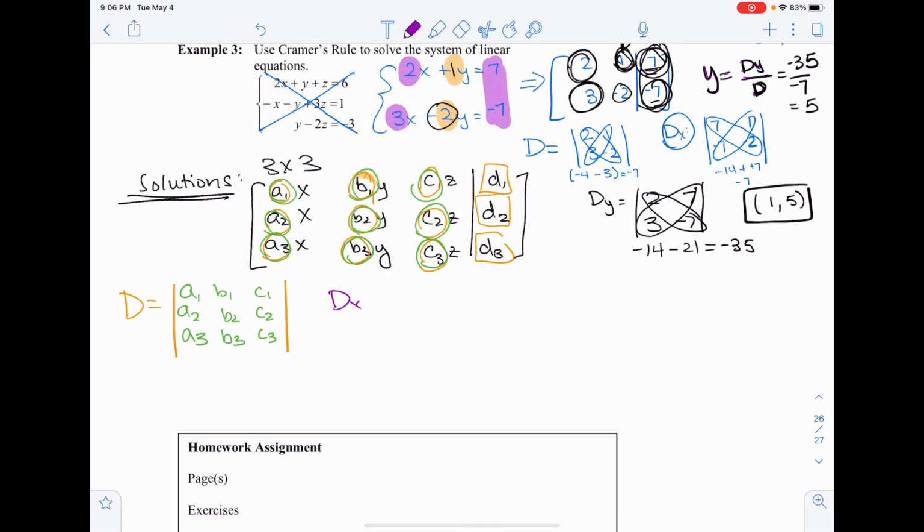To find the adjusted determinant for x, you're going to keep the same determinant we have here, but we're going to replace that x column with those solutions numbers. So we're going to go D1, D2, D3 replaces the x column, but everything else will stay the same. So B1, 2, 3, and C1, 2, 3 will stay the same.